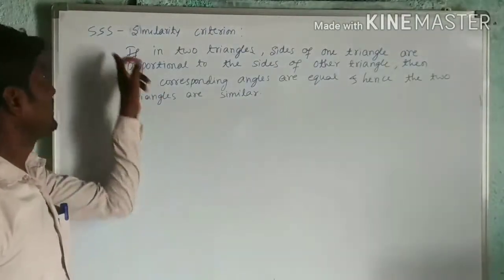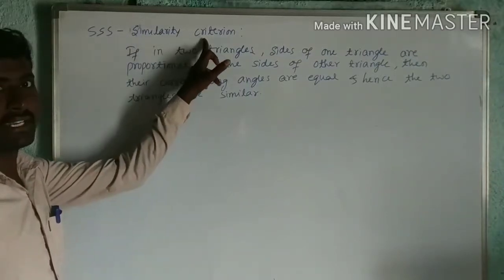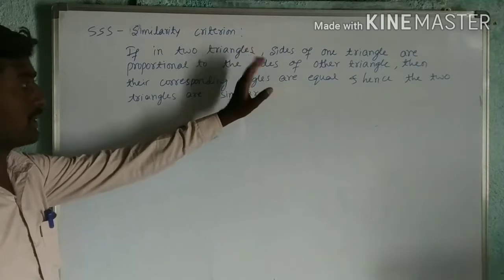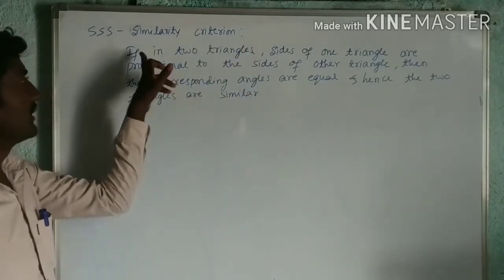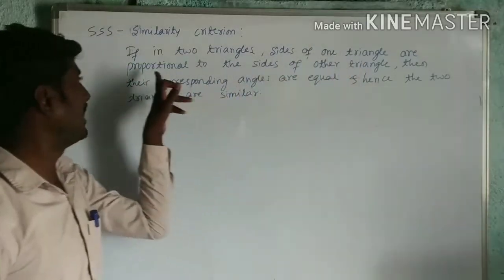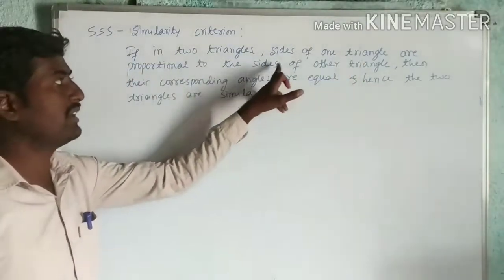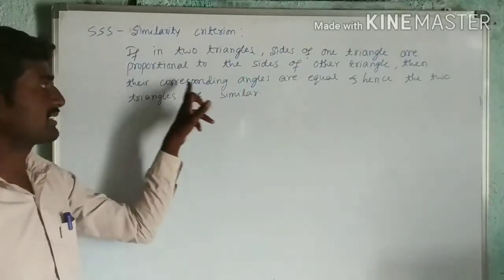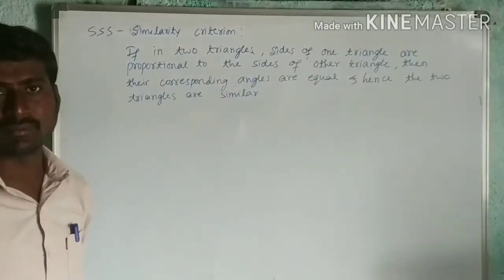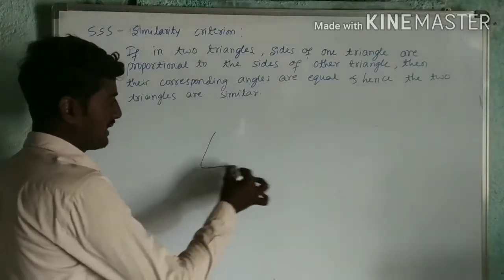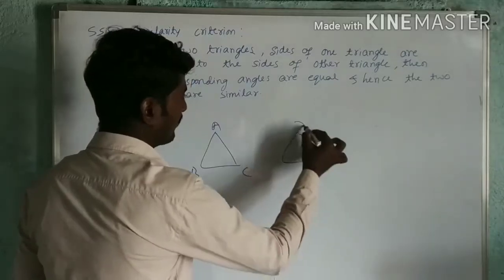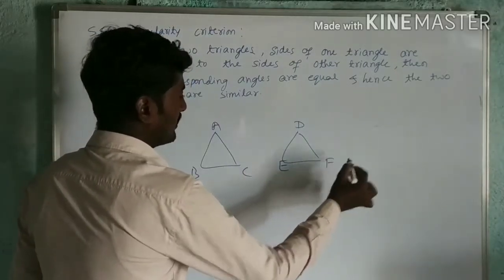Next one, the SSS similarity criterion. Again, you write the statement for this. Don't worry about the proof. If in two triangles, sides of one triangle are proportional to the sides of the other triangle, then their corresponding angles are equal and hence the two triangles are similar. So suppose I have taken two triangles ABC and DEF.